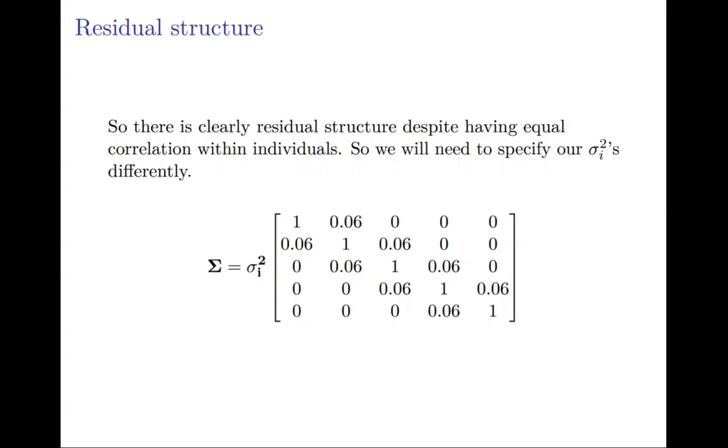Right, there's clearly residual structure despite having equal correlation among individuals. So we'll need to specify our sigma squared i's differently. So we can go back to our simplified matrix that's shrunk down, where we have our diagonals of 1, and within individuals we have a correlation of 0.6, but we're going to have to parameterize our sigma squared i's differently.